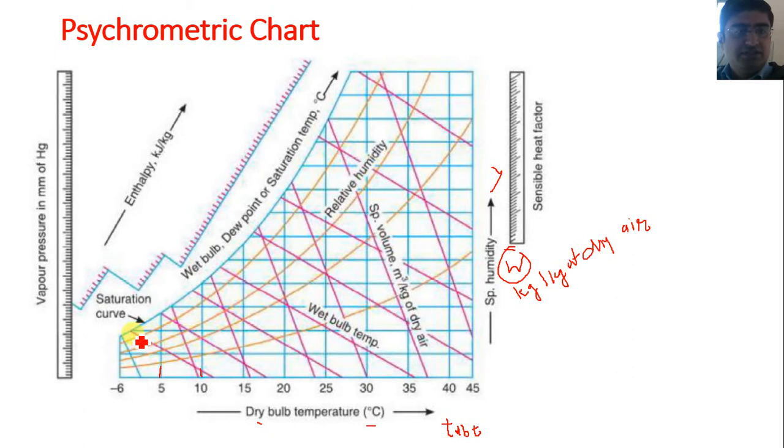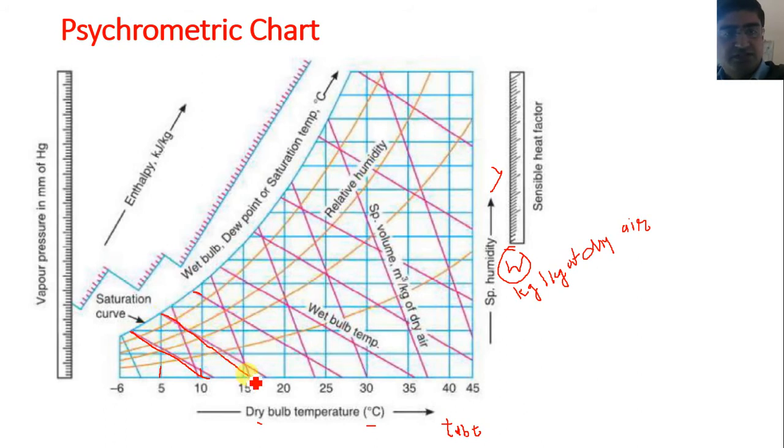Now these inclined lines show the values of wet bulb temperature.